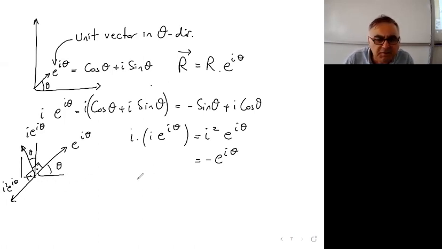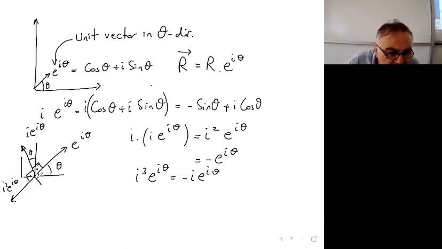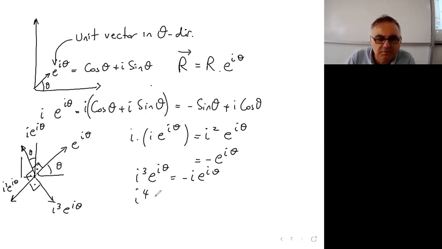And if I multiply it again, i cubed e to the i theta. i cubed is, as you remember, minus i e to the i theta, isn't it? i cubed is i squared times i. So it is another 90 degrees of rotation. So this is i cubed e to the i theta. And if I have i to the 4, e to the i theta is simply e to the i theta. So this is again another rotation.